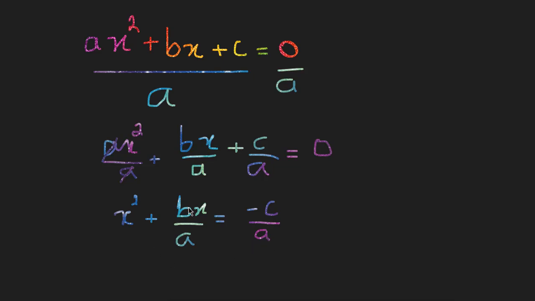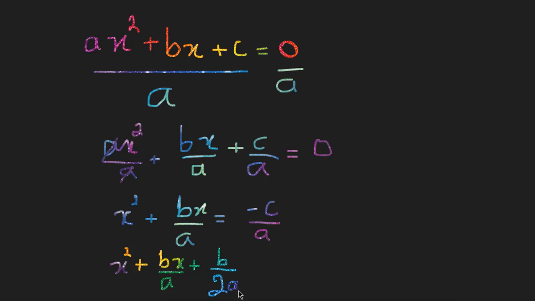Now in the next step, we're going to divide this by 2 and then square it and add it to both sides. Let's see that. So x squared plus bx over a, the coefficient of x is b over a, and when you divide it by 2, it will become b over 2a.